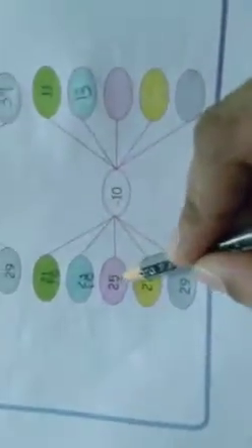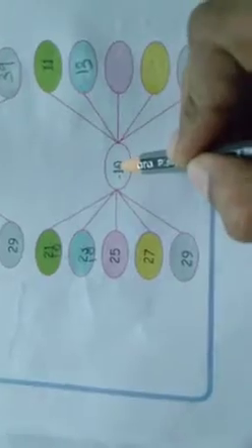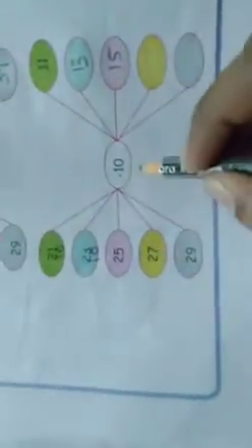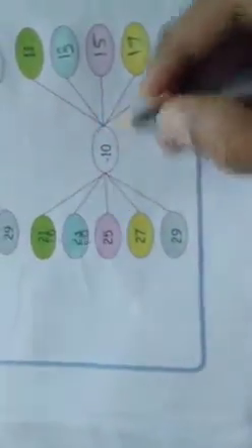Okay, next 23 minus 10. Okay, 3 minus 0, 3. 2 minus 1, 1. Like the same way, all the one we want to do. 25 minus 10, what? What is the answer? Yes, very good. 15. 27 minus 10, 17. 29 minus 10, 19. Okay?